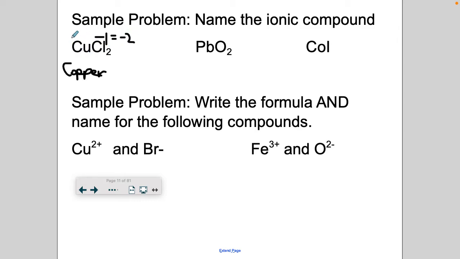Well, with the copper, I only have 1 copper. So what's the charge of copper got to be? It's got to be a +2. So copper, Roman numeral 2, and then chlor, and you change the ending to IDE.